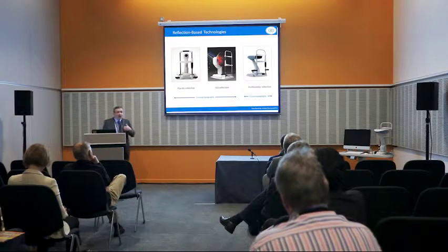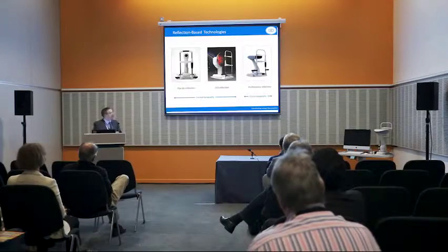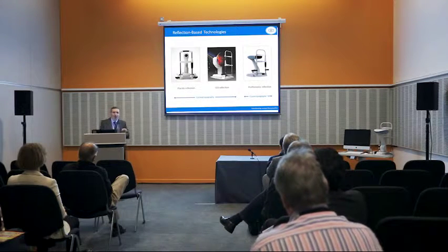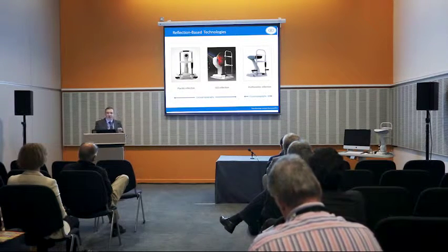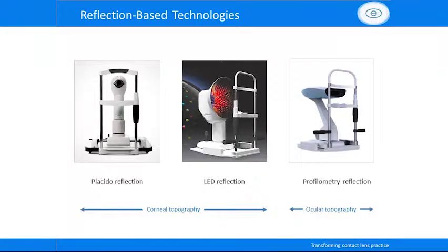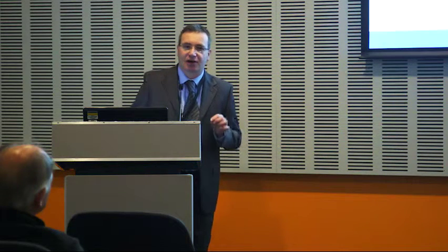So the current models on the market, Placido-disc, as I say, instruments like the Medmont, LED reflection systems like the iOptics, and of course profilometry with the Eaglet Eye ESP. But the important point about these is, you noticed Brian talking about a lot of ographies earlier, but Placido disc-based systems and LED reflection-based systems are exactly that.